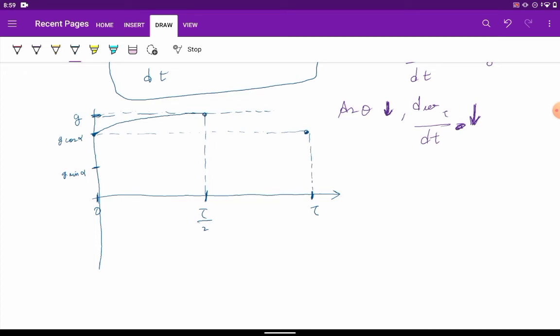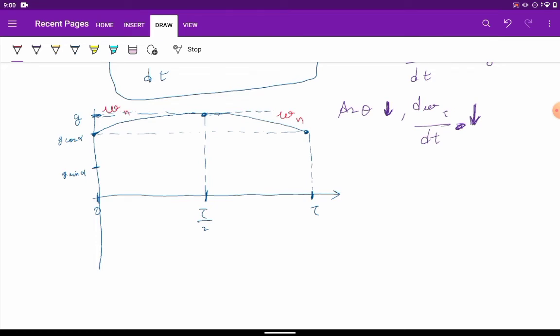These are the key points. So it is symmetrical about t equal to tau by 2. This is sort of a rough plot for wn, this is wn.